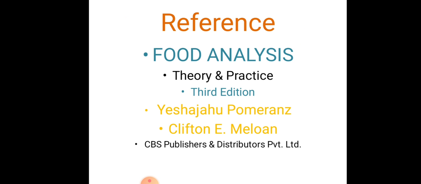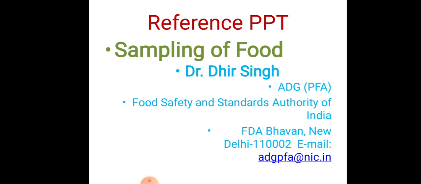Reference book is Food Analysis Theory and Practice, third edition, Eshajahu, Pomeranz, Clifton E. Meloan, CBS Publishers and Distributors Private Limited. And a very good reference PPT for this sampling of food by Dr. Dheer Singh, ADG, PFA, Food Safety and Standards Authority of India, FDA Bhavan, New Delhi.